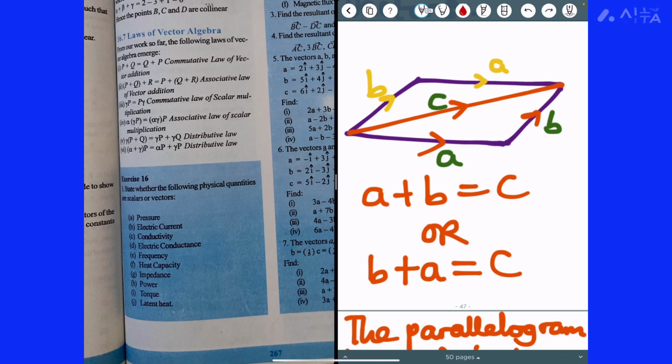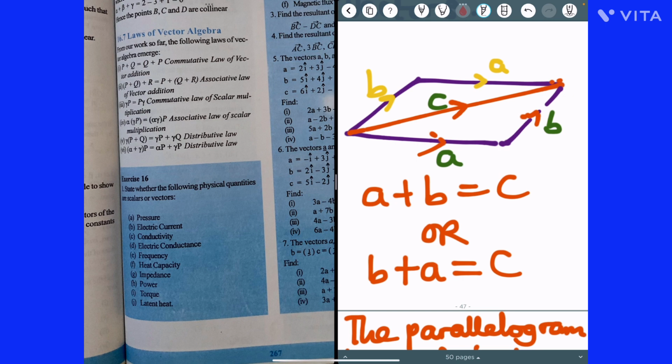Let me state that again. If two adjacent sides of a parallelogram like this, A and B, represent two vectors, the diagonal facing those two adjacent sides represents their resultant in magnitude and direction. So that means A plus B is what?